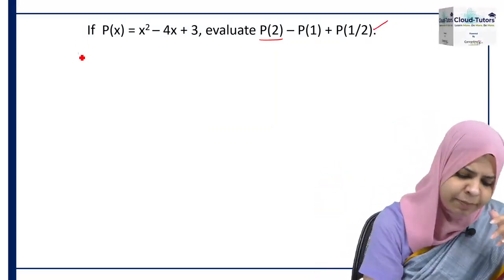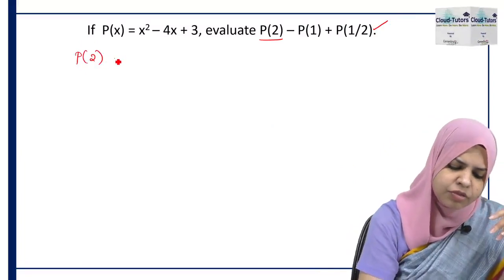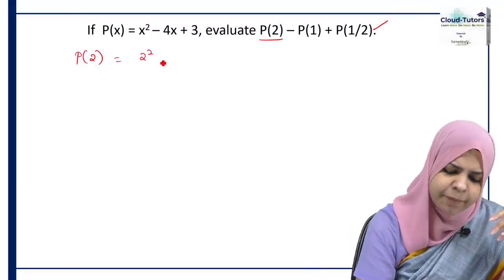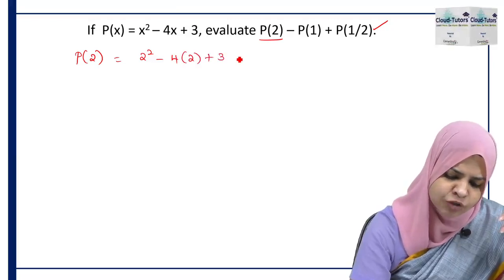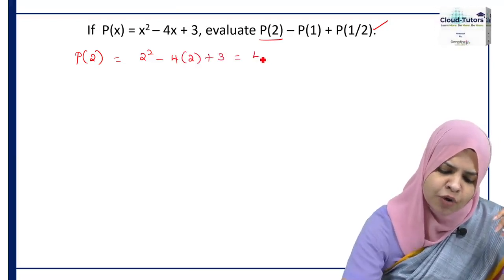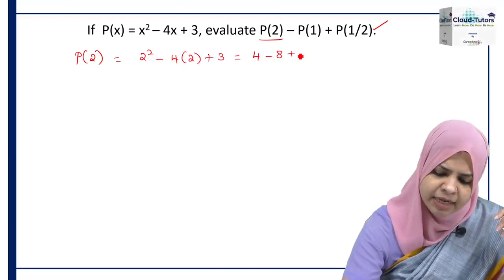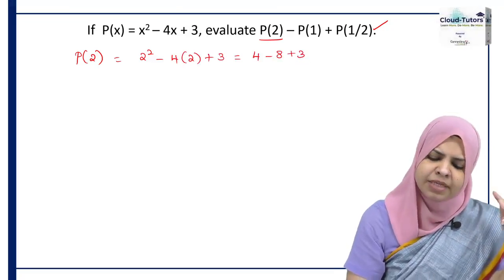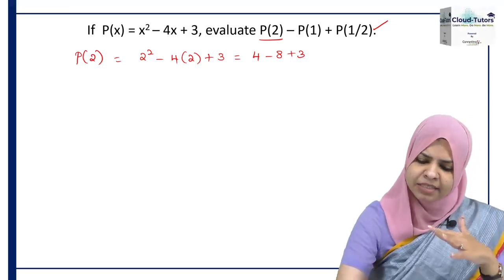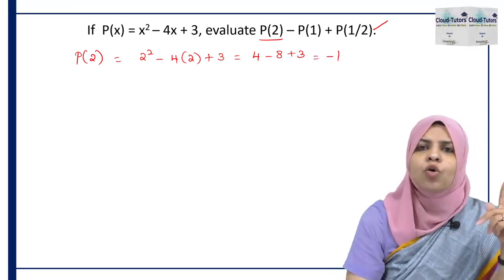Let's find p of 2. So what is p of 2? 2 square minus 4 into 2 plus 3. So what is this equal to? 4 minus 8 plus 3. 4 minus 8 plus 3 is minus 4 plus 3, that is minus 1.